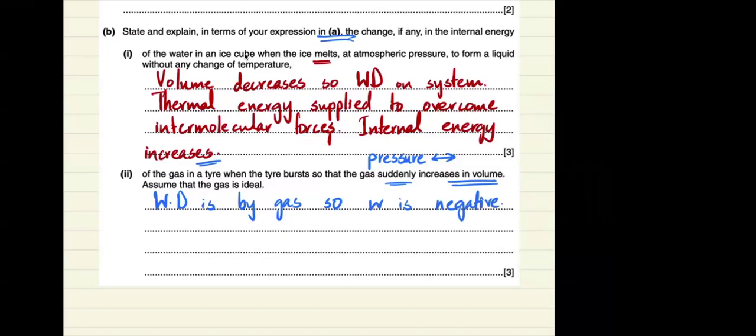And assume that the gas is ideal. If this is instantaneous, there is no time for thermal energy to enter or leave the gas, so no time for thermal energy exchange. So internal energy decreases.